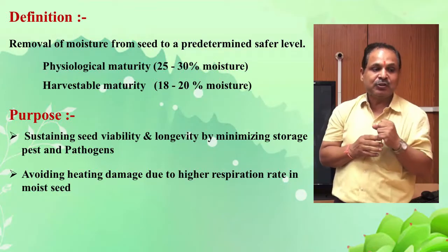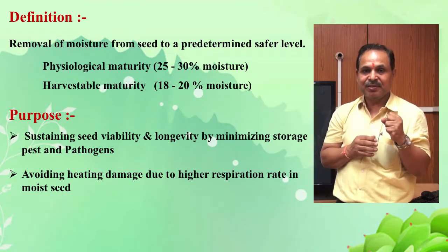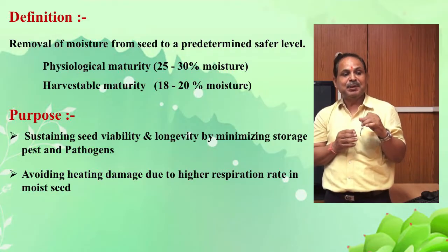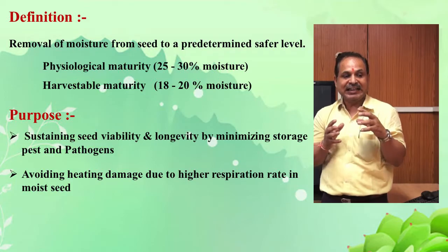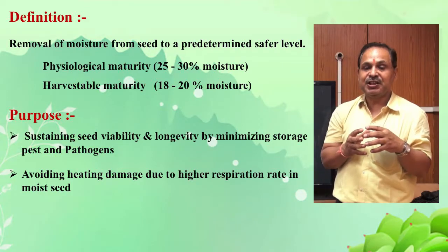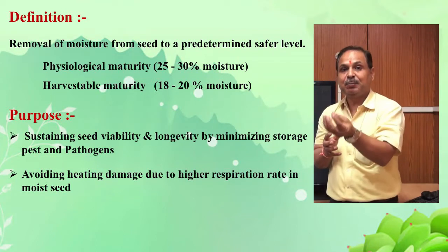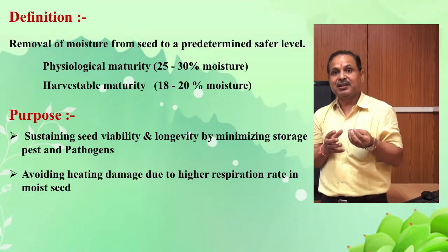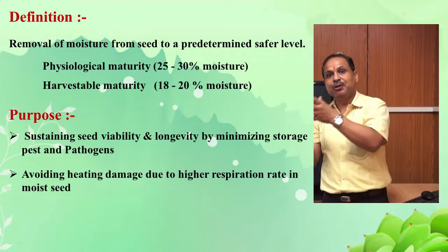So the purpose of seed drying is basically sustaining seed viability and longevity by minimizing storage waste and pathogens, and avoiding heating damage due to the higher respiration rate in moist seeds. We know very well that seed is a hygroscopic living material. It has living cells which respire during storage.